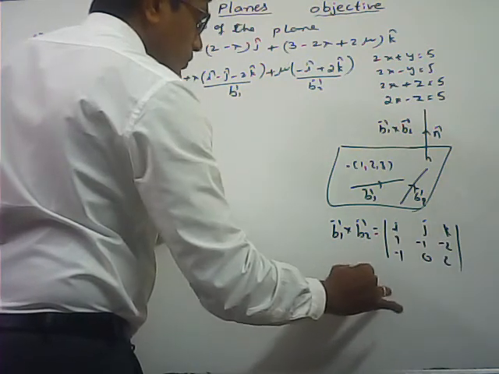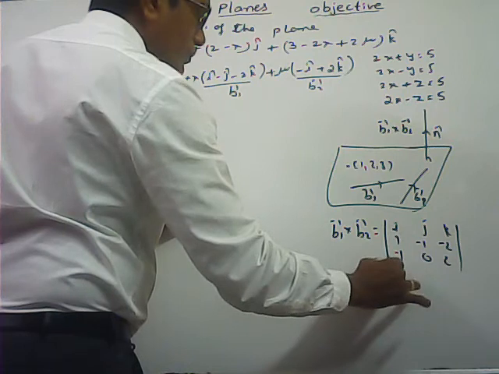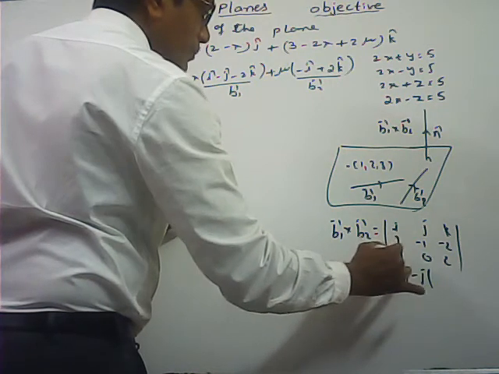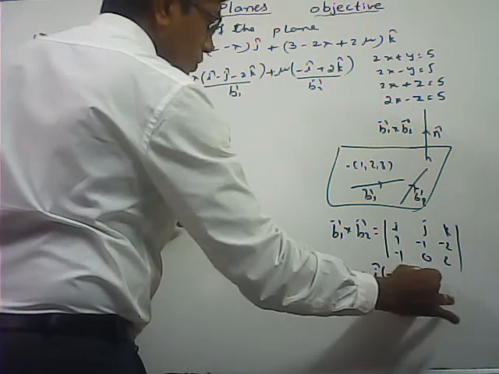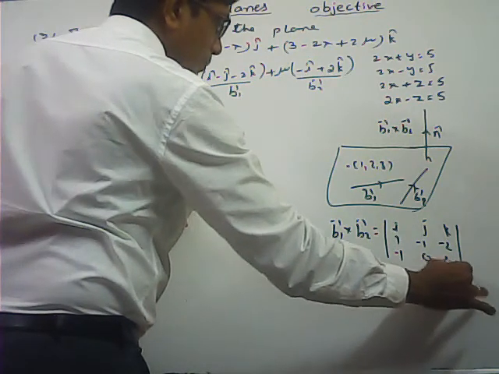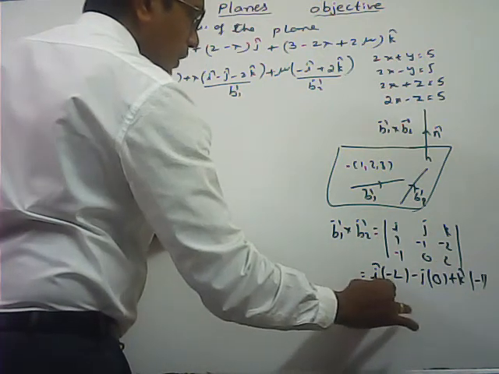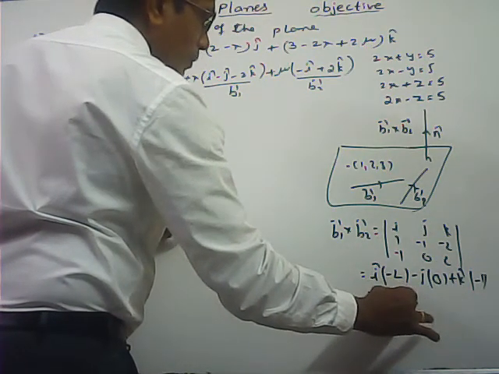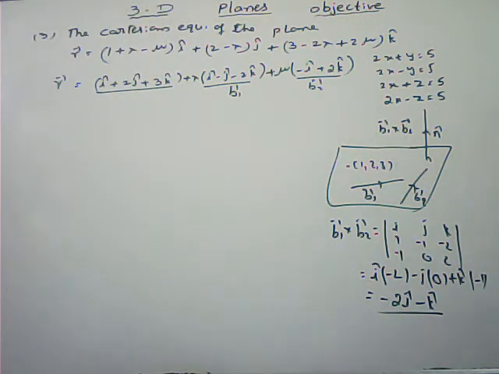That is equal to i cap into minus 2 minus j cap into 2 plus 2 minus 2, 0, plus k cap minus 1. So minus 2 i cap minus k cap, that is the normal vector only.